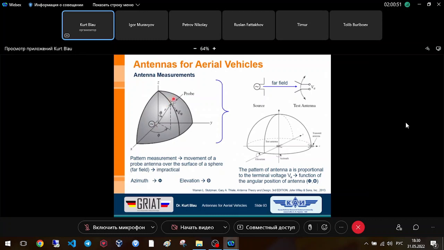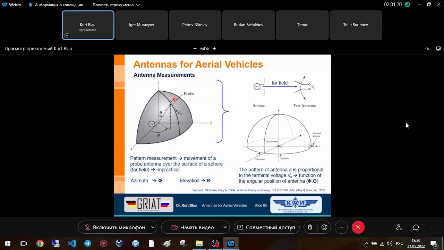The basic idea is to move the probe antenna over the surface of our realized antenna, our measurement device, or in the literature you can find antenna under test. This is the AUT, not device under test like DUT, it's AUT, antenna under test.